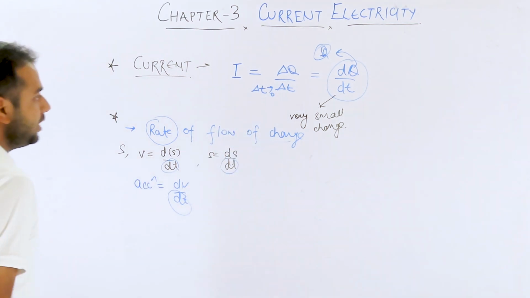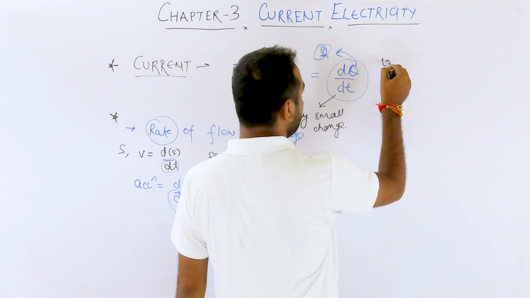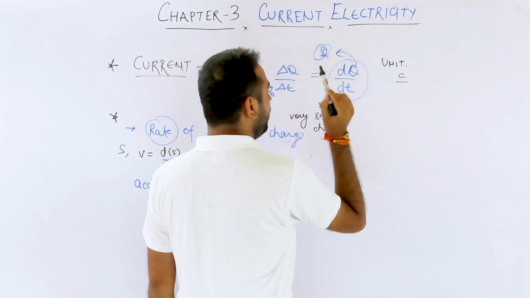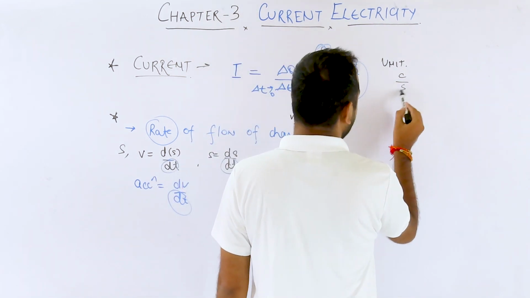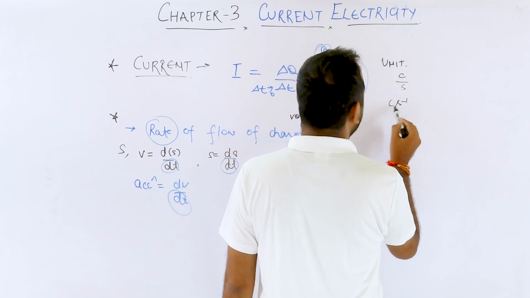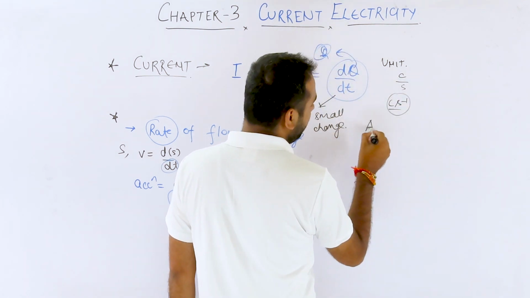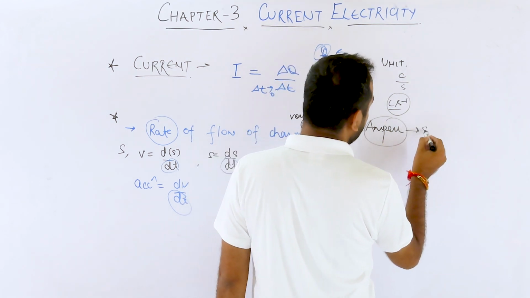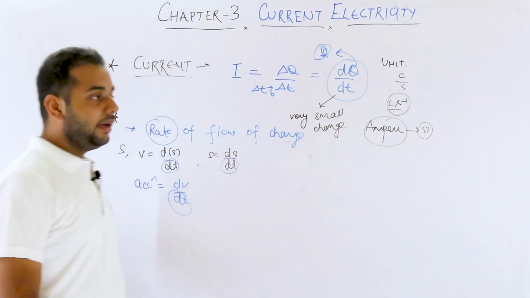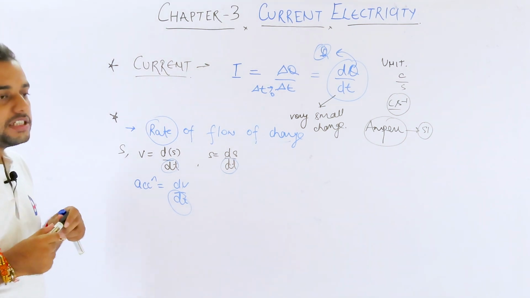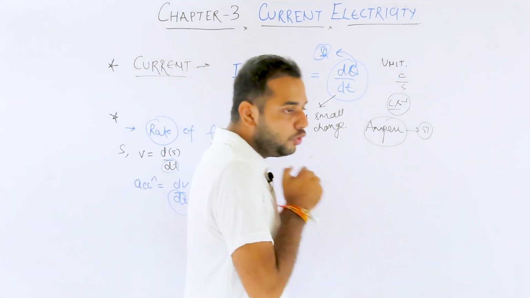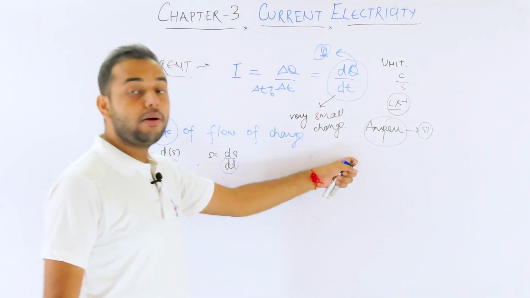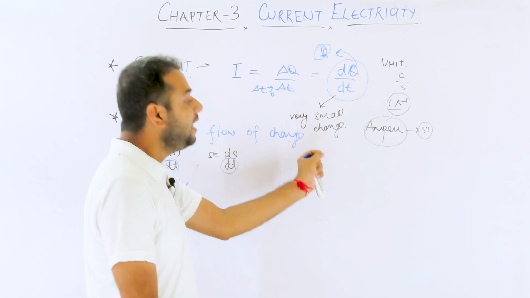Now let's come to the unit. The unit of charge is coulomb, the unit of time is second, so coulomb per second, and we call it ampere, the SI unit of current. Remember, whenever I defined a unit, I also gave a mathematical definition at that point.